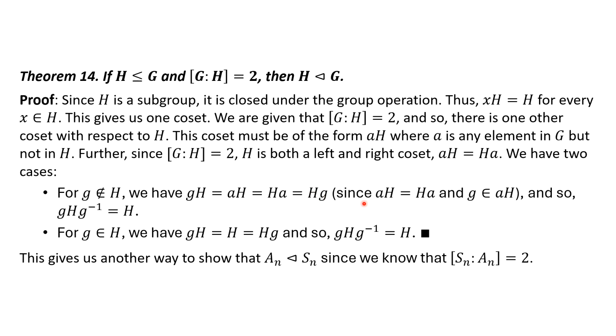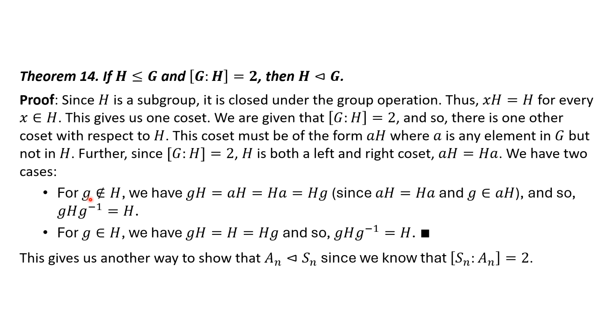That's true since aH equals Ha, which we established up here, and g is an element of aH. And so if we just multiply g inverse on both sides, we have this here. You recall that was an alternate form of the condition we needed to show that a subgroup was normal.